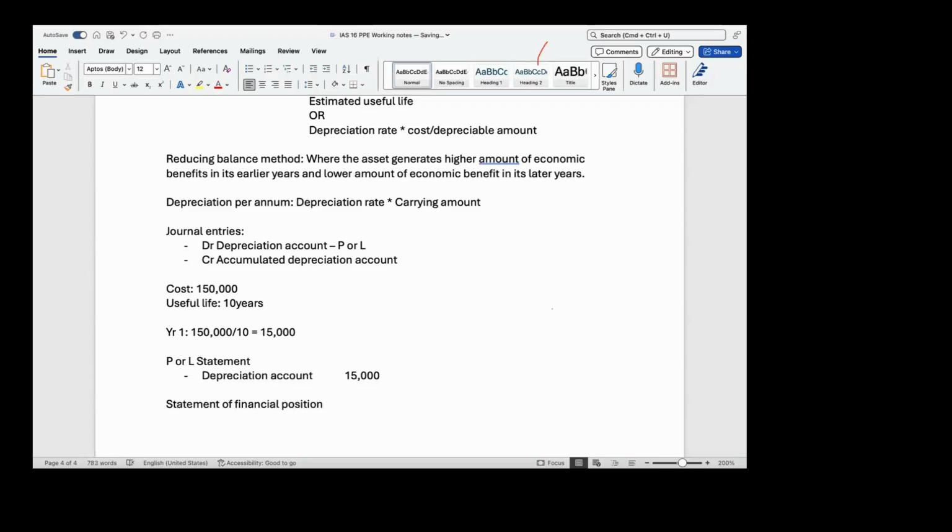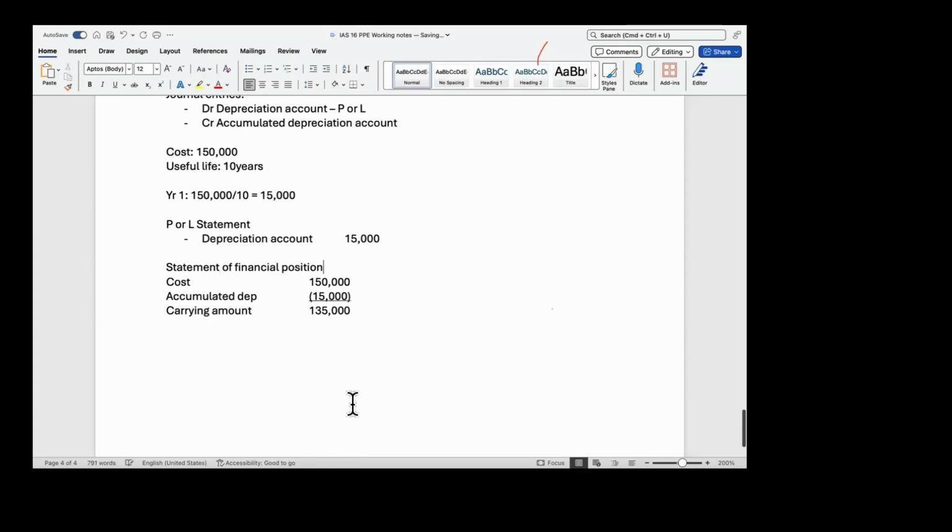you will have prepared a fixed asset schedule, where you have your costs. Your cost is how much? 150,000. From your accumulated depreciation, you have a balance of how much? 15,000. Then what will be your carrying amount? 135,000.